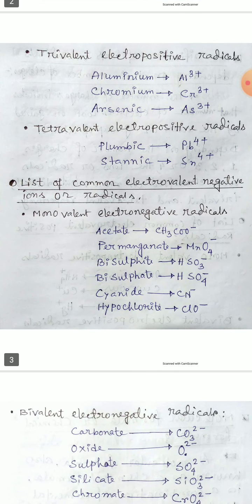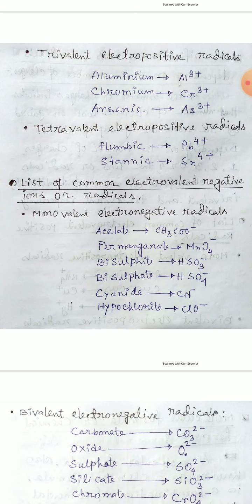Now trivalent electropositive radical examples are aluminium Al3 plus, chromium Cr3 plus, arsenic symbol is As3 plus. Now tetravalent electropositive radical. Tetravalent means charge plus 4. Plumbic Pb4 plus, stannic Sn4 plus.